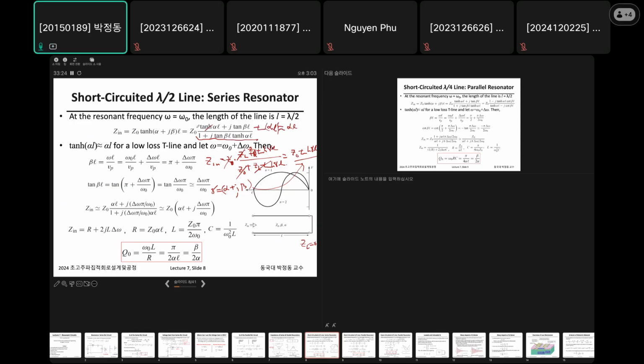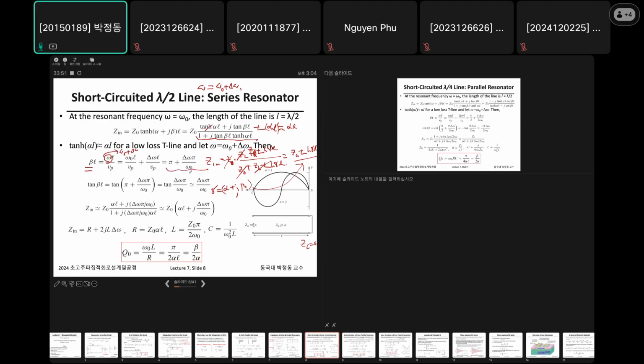We also need to consider perturbation. We said omega is omega 0 plus delta omega, as we've done before. Here, beta L is just omega L divided by Vp, so instead of omega, we put omega 0 plus delta omega. Then we can express it like this.